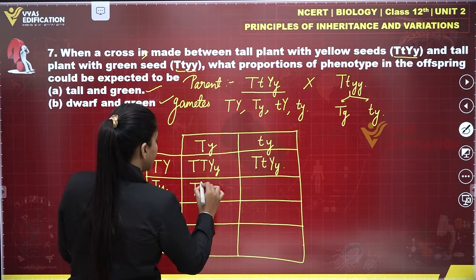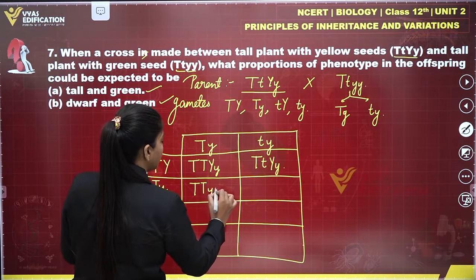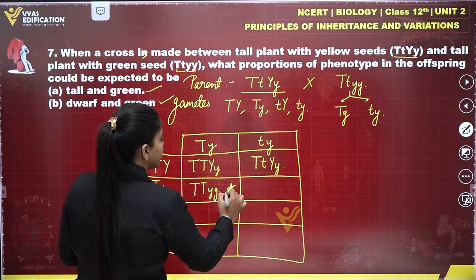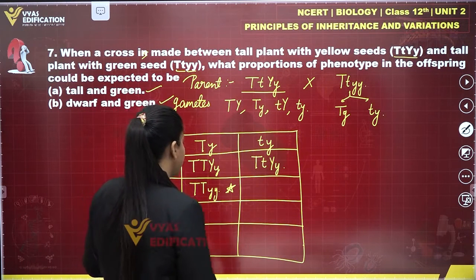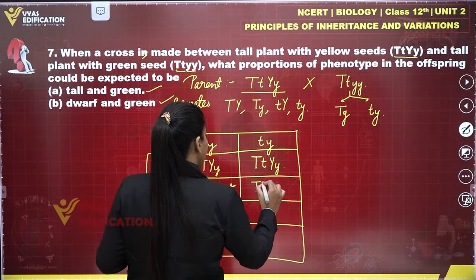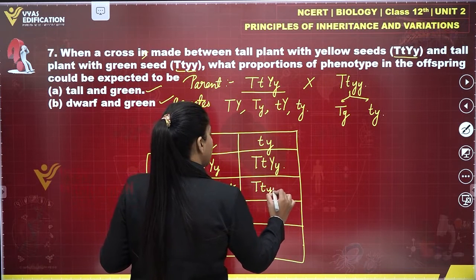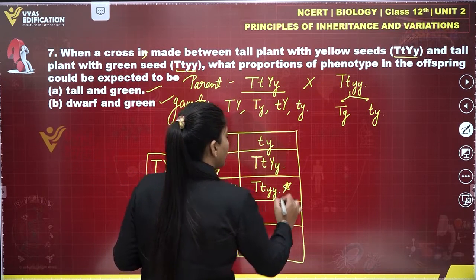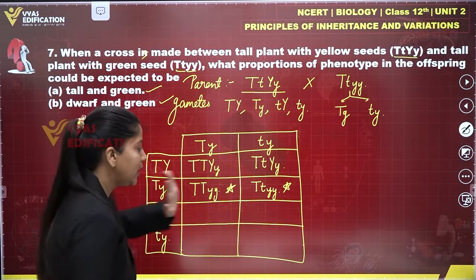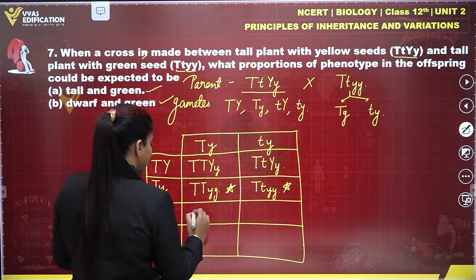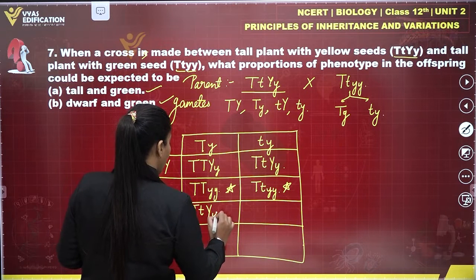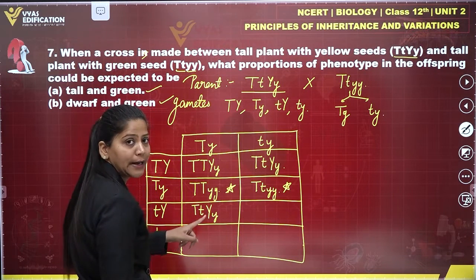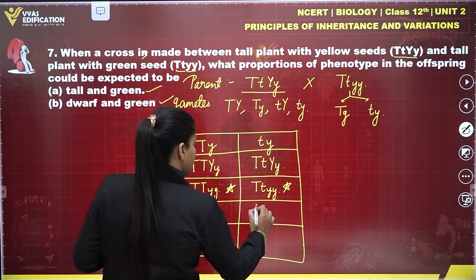Second is capital T, capital T, small y, small y. This is a plant with tall height but with green seeds. Next is capital T, small t, small y, small y. This is also a plant with tall height and green seeds. Now next is capital T, small t, capital Y, small y. This is also a plant with tall height and yellow seed.